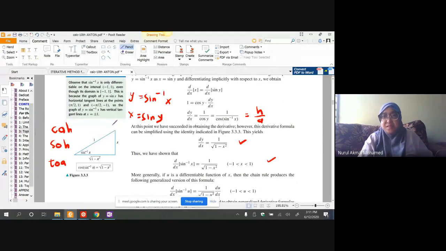There must be a reason why we draw this kind of triangle. So let's think about it. We have a triangle, arc sine x.